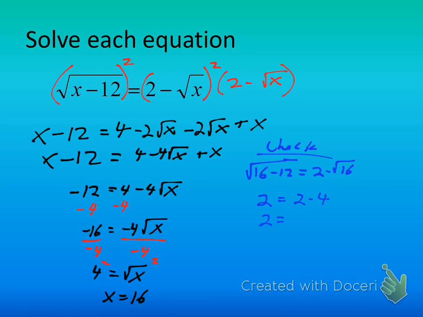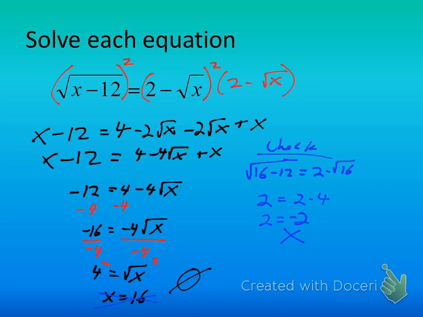What's 2 minus 4? Negative 2. Is that equal? Nope. So is 16 an answer? Nah. So then what is the answer? 16 didn't work. Your answer is no solution.